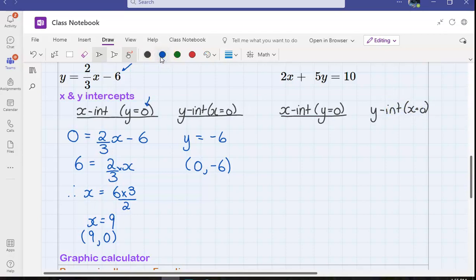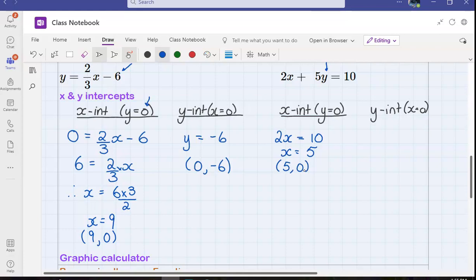Okay, so x-intercept, y equals 0. This is why I love it in this form. So we make y equals 0. So my 2x sticks. What's 5 times 0? So that's disappeared. I get 10. So what's x got to be? Yes. Therefore, 5, 0. Capito? Y-intercept?